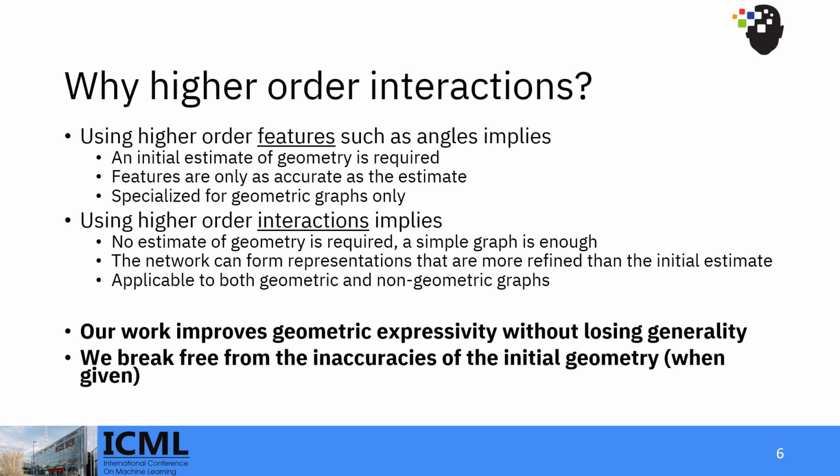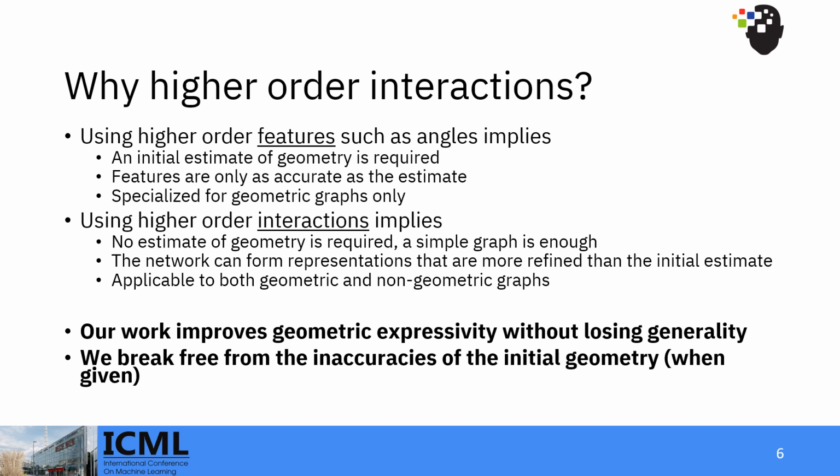Secondly, using features derived from the input geometry would mean that the understanding of the network would only be as accurate as the input geometry. However, using triplet interactions allows the network to break free from the input geometry and learn more accurate representations. Lastly, geometric GNNs use such features to predict molecular properties, but their usage is thus limited to geometric graphs only.